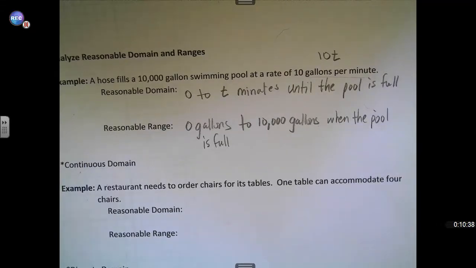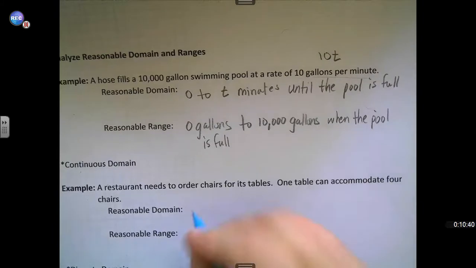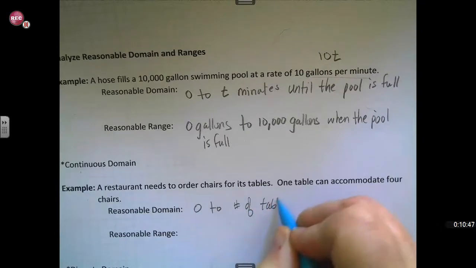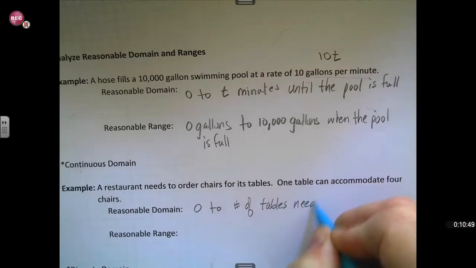So a reasonable domain would be 0 to the number of tables needing chairs.